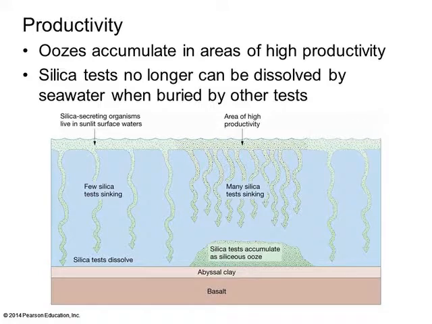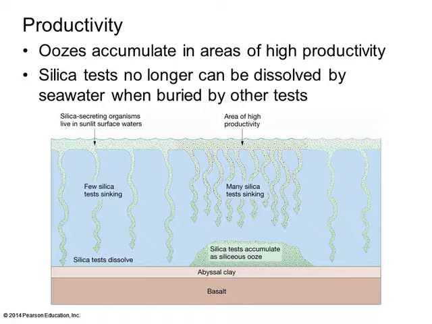All right, so let's look at this graphically here. You need to have high productivity. So if you're in an area where you have a lot of organisms at the surface, like this image suggests, then you will create an ooze at the bottom of the ocean.